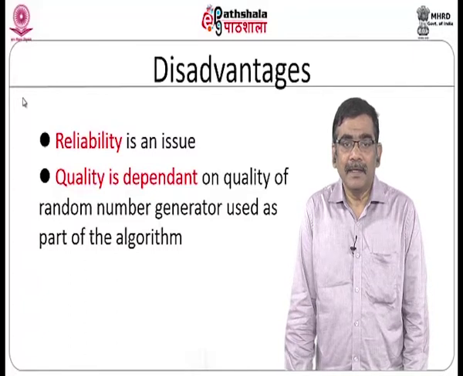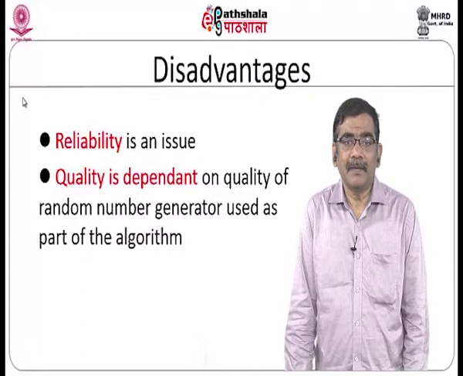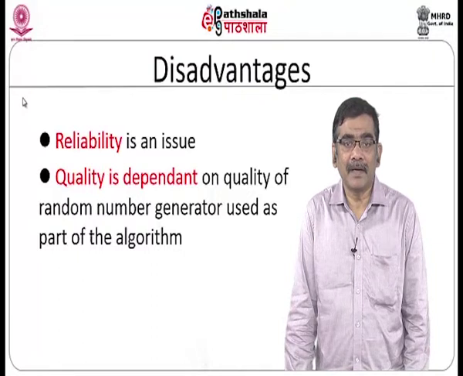The advantage is a guaranteed solution, but what is the disadvantage? The disadvantage is the number of paths is very large, and sometimes it is exponential in nature. So, therefore, solving with the deterministic algorithm is a very difficult proposition. On the other hand, the randomized algorithm will create some sort of randomness.